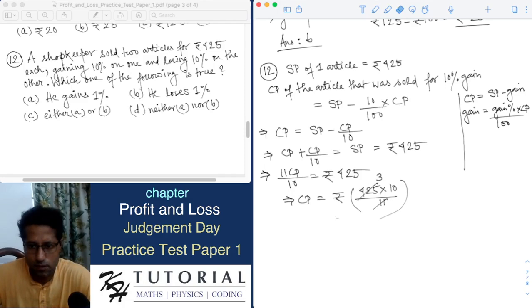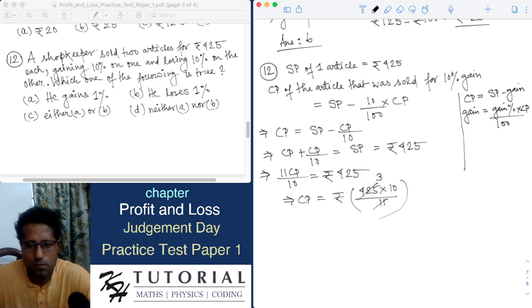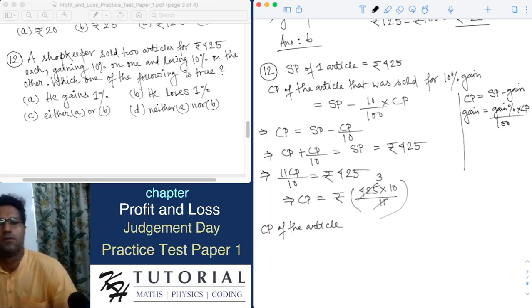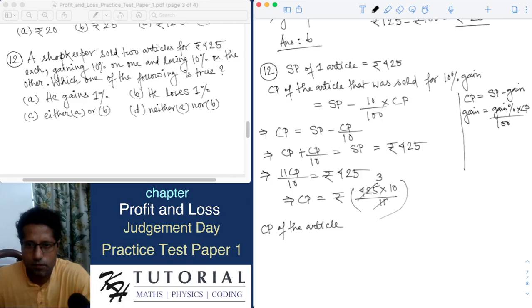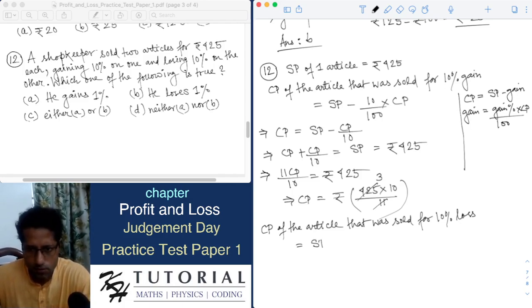Okay, let's see what happens with the next one. Now for the article which was sold by losing 10%, the cost price of the article that was sold for 10% loss is equal to the selling price of one article, which is the same because both the articles were sold for rupees 425.